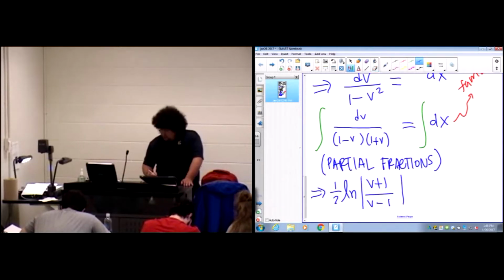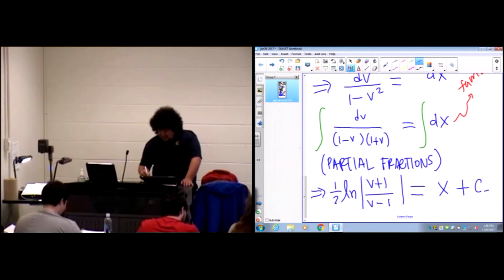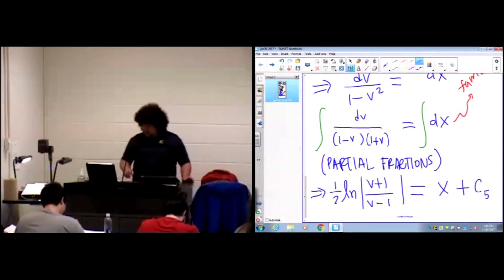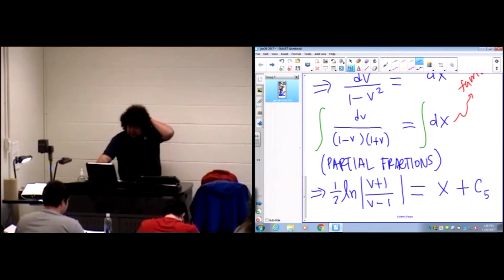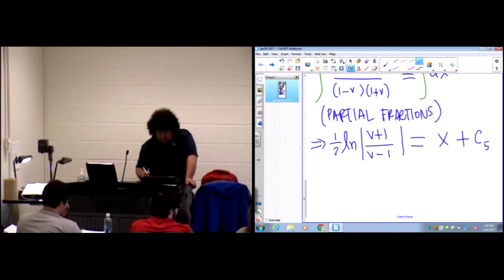And on the right-hand side, you're integrating with respect to x, you end up with x plus some constant. I lost track of how many c's I have, so I'm going to say c sub 5 there. Now we're trying to solve this for v, right?